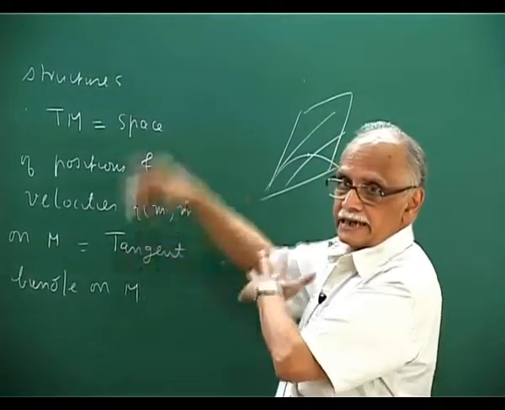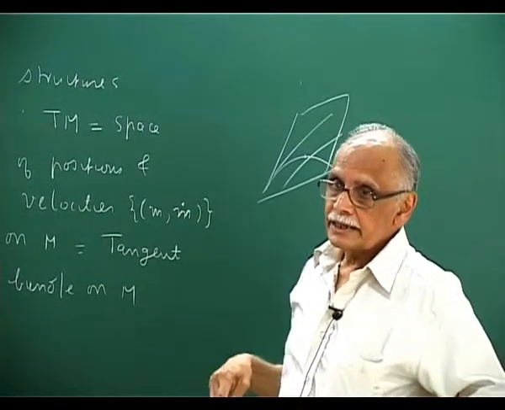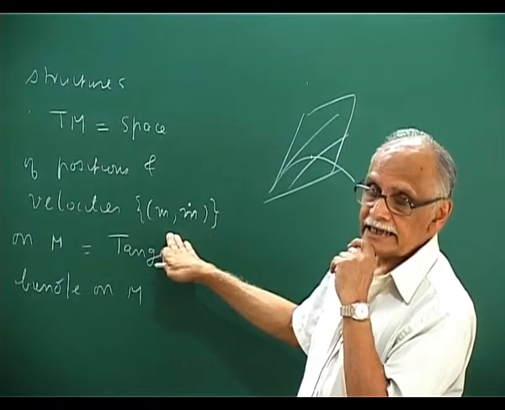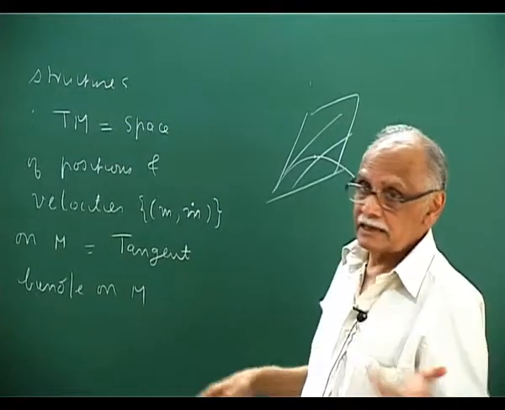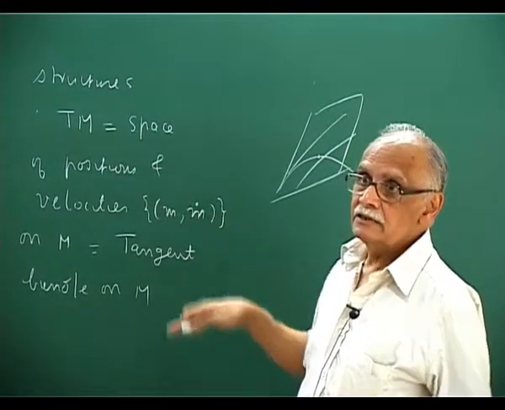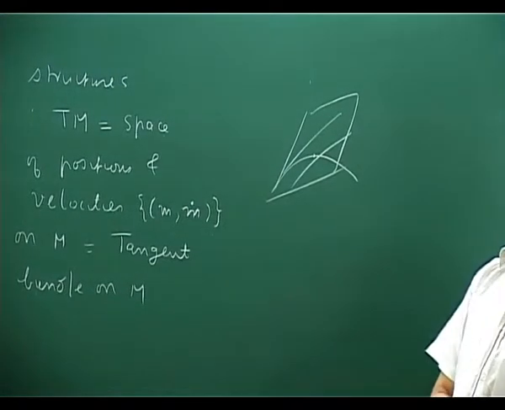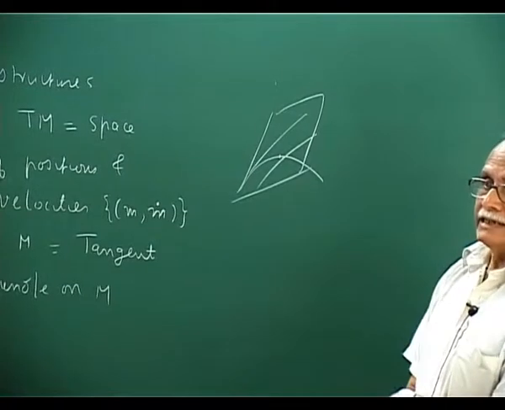This M dot can take all values on the tangent space, so it is a vector space. And you can project to the first entry, and that will be a projection map. So you have a bundle, but it is not a principal bundle because there is no group action that you can naturally associate so as to get rid of this M dot. But anyway, I want only the language.